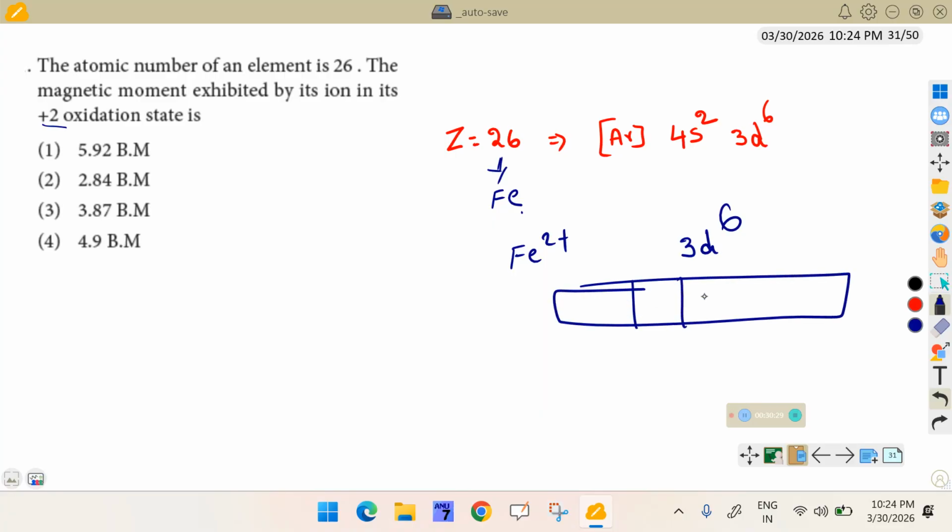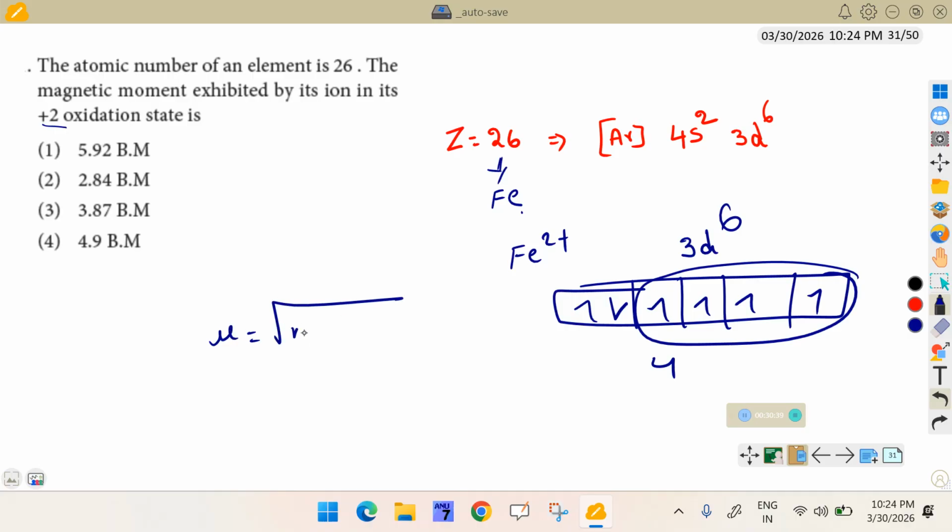In 3d6, how many unpaired electrons are present? 1, 2, 3, 4, 5, 6. Number of unpaired electrons is equal to 4. Mu is equal to square root of n into n plus 2 BM, square root of 4 into 4 plus 2. Simplify, you will get 4.90.